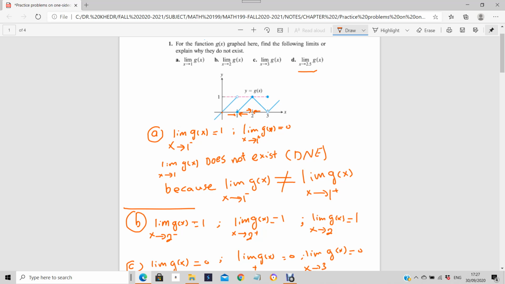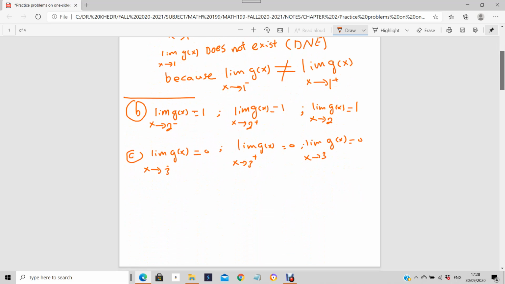Once you find that, then you find the limit of the function as you approach x from the left side to 2.5 and from the right side to 2.5. So I leave part D as an exercise for you. If you still cannot solve it, I will show you the solution of this part of the question during the class.